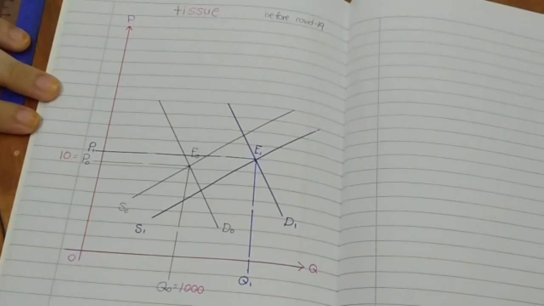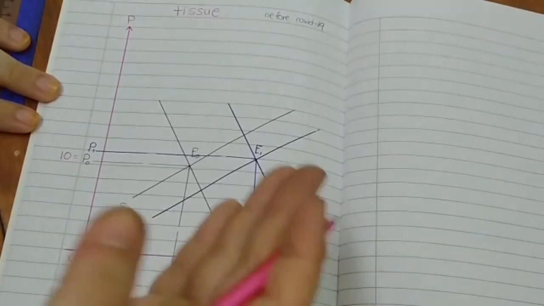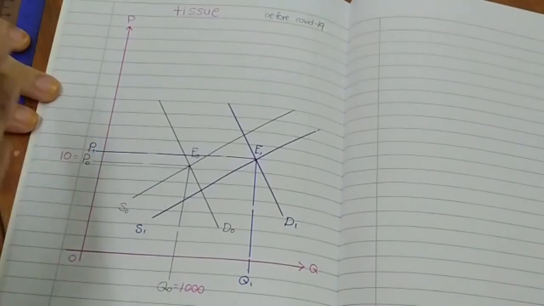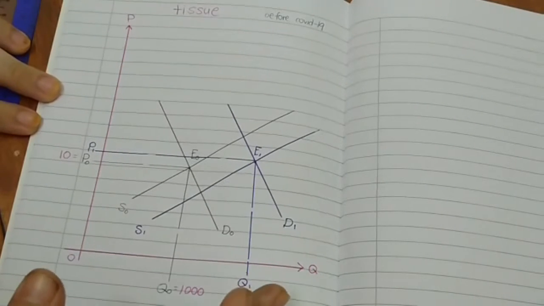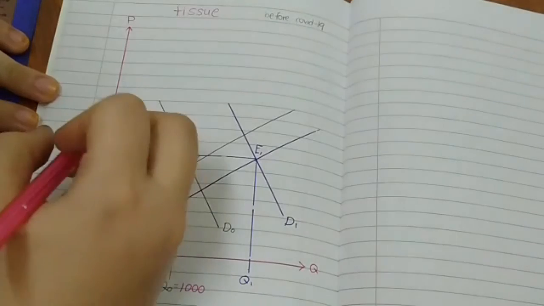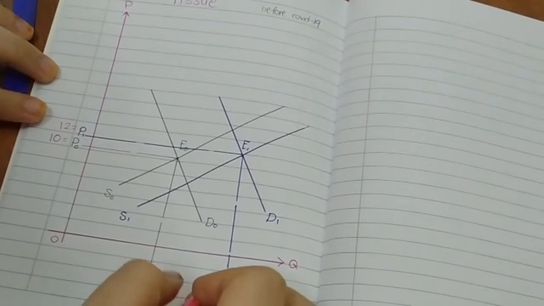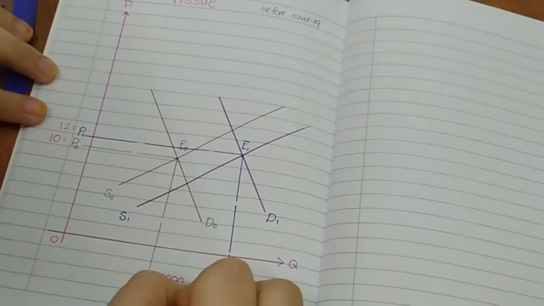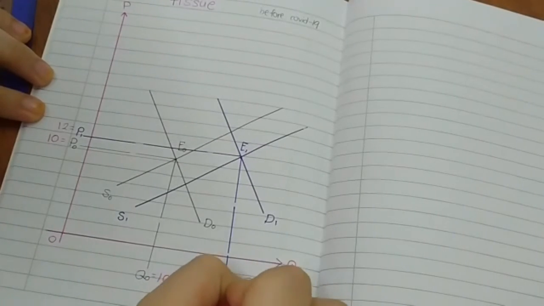So when COVID-19 happened, the equilibrium point changed, so the equilibrium price also changed and the equilibrium quantity also changed. The price here will be 12, and the equilibrium quantity is 2000.